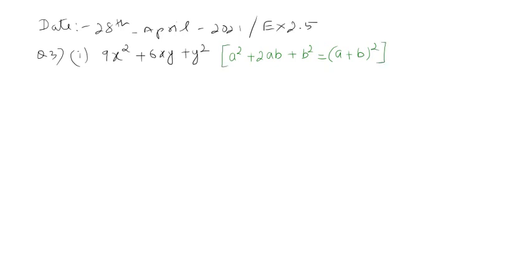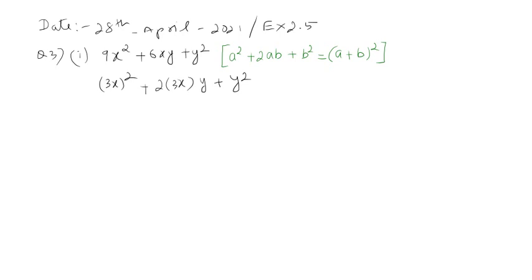Now there is no need to write the identity when you're doing it in an exam or anywhere. This is just for you to explain. So what I have to do is make sure this resembles something like this. So 9 also I have to bring under a square, and this 6 I have to write as 2 into a into b. Here I know the b is y because it's just simple y, so it's b square.